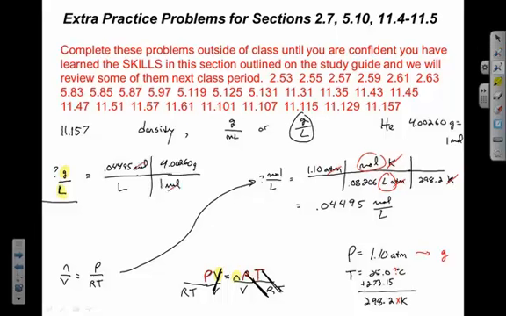The moles will cancel. And now I've got grams per liter. That's exactly what I wanted. So then I would just plug that into my calculator. And as we said before, I am limited to 3 sig figs. So this is when I want to round: 0.180 grams per liter.